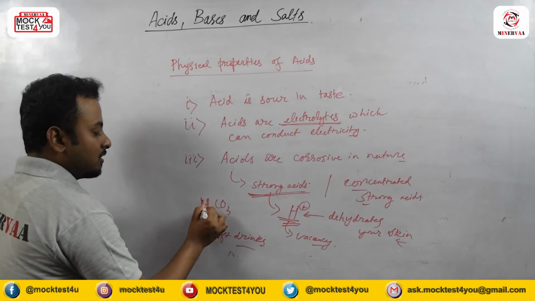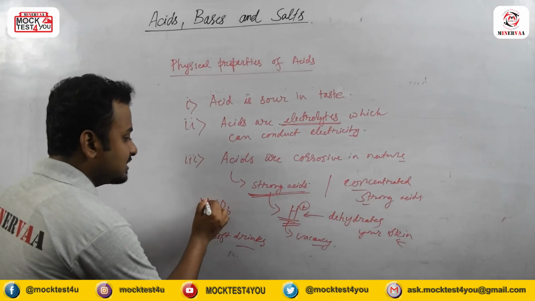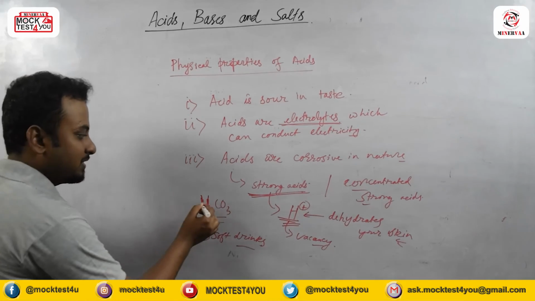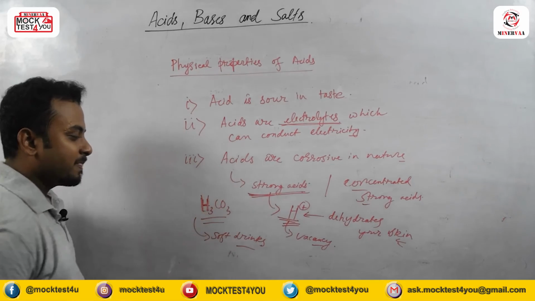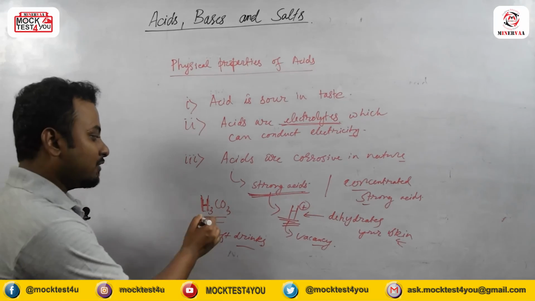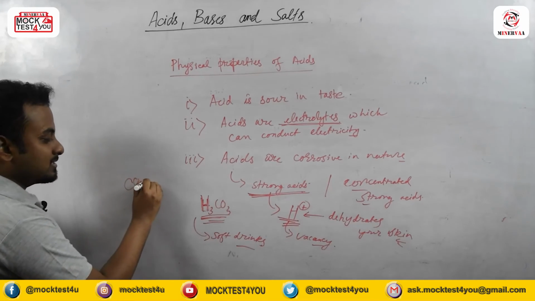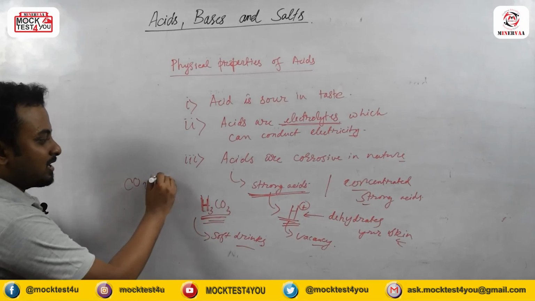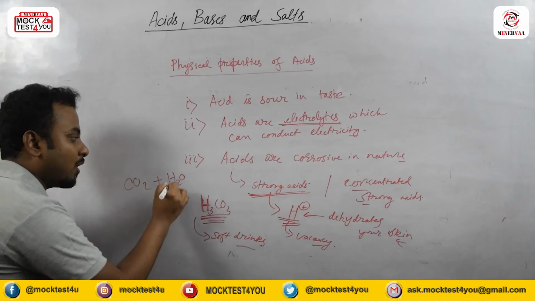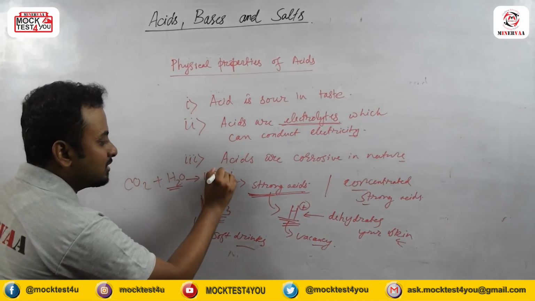It is dissolved in the water of soft drinks, and it is responsible for the taste of that soft drink. If you open the soft drink bottle for a long time, what will happen? How is this carbonic acid formed? CO2 is a non-metallic oxide. It combines with water. So CO2 gas is dissolved in the water present in the soft drinks, and we are getting H2CO3.